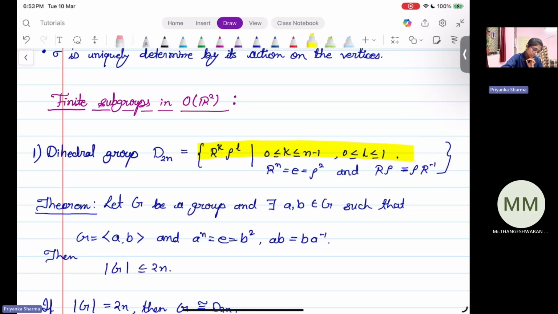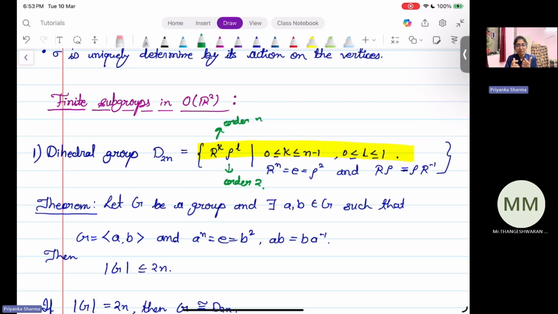Why? Because this generating rotation is of order n, and the reflection will always have order 2. So whenever we have a dihedral group, the generating reflection will have order 2.